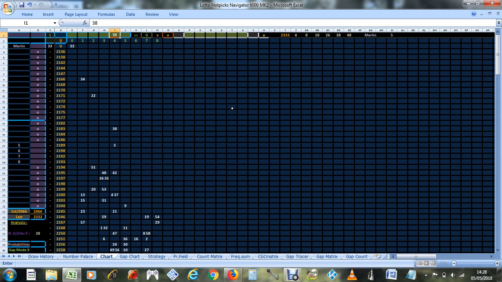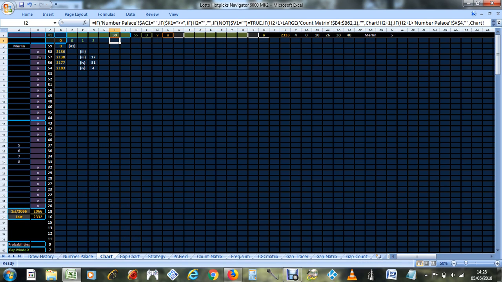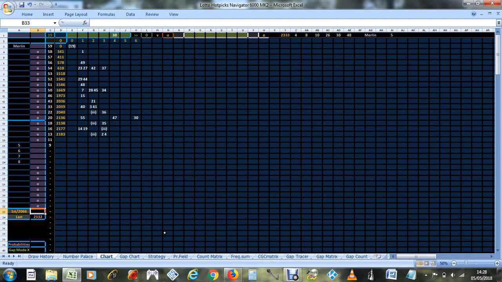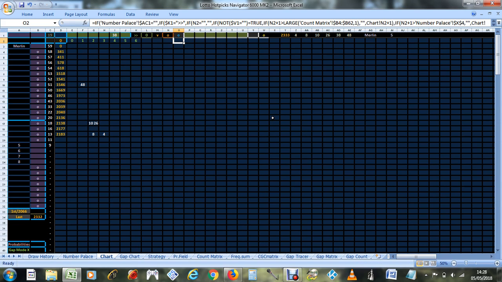So I could have predicted that. If we look at a chart for that number and that machine and those sets of balls and the full draw history, then what we get now is this chart. You can see where the winning numbers were on that chart.